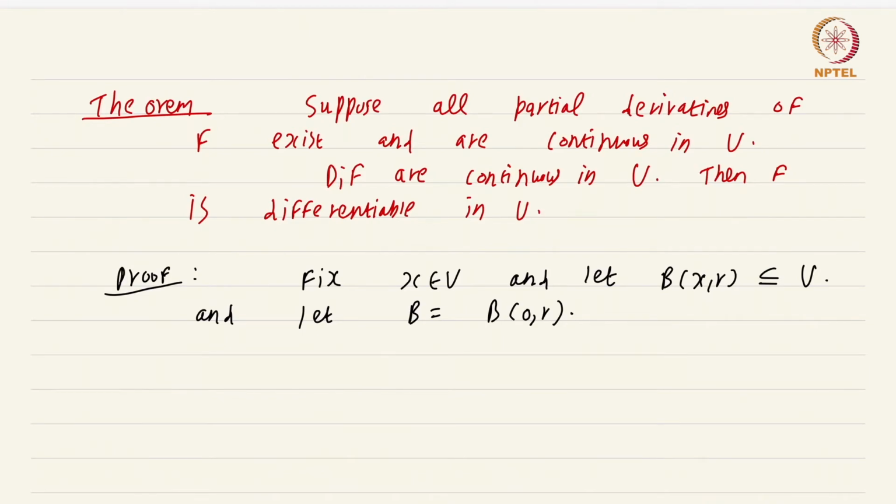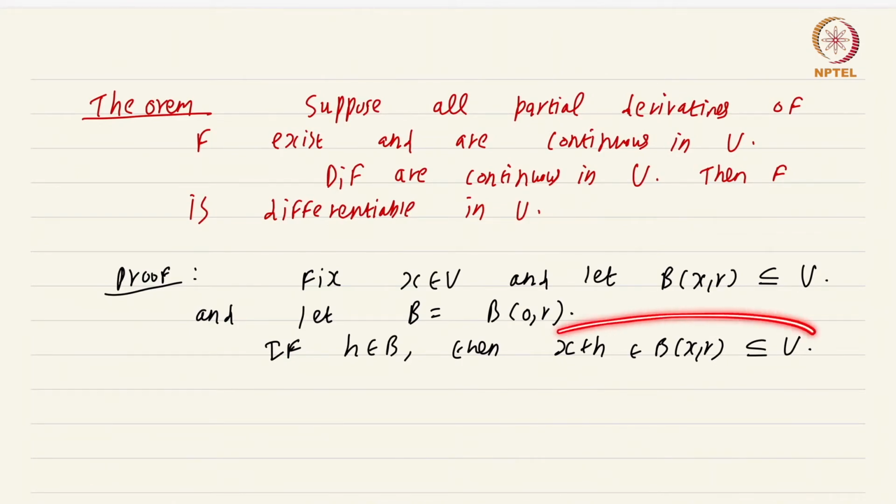Now if h is in B, then x plus h is an element of B(x, r), which is contained in U. That's the reason why I defined this B this way, so that I'm guaranteed that x plus h is an element of B(x, r), which is in fact a subset of U. So x plus h is an element of U.